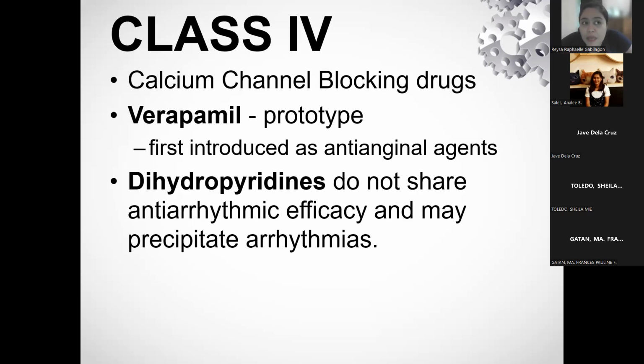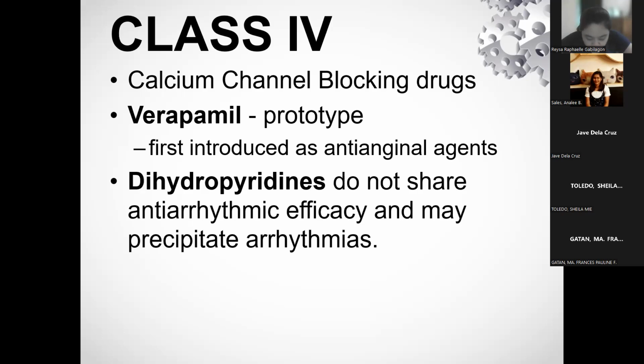Take note that they block calcium channels located in the blood vessels, so we mostly use them for hypertension and even heart failure. The non-dihydropyridines, the ones that do not end in -dipine, are selective on the blockade of calcium channels found in the heart. So these are more useful in arrhythmia.